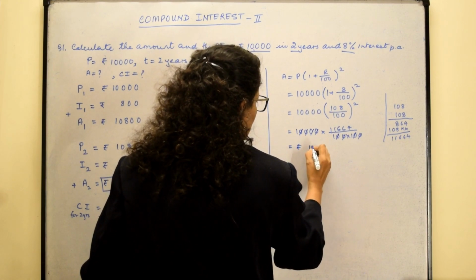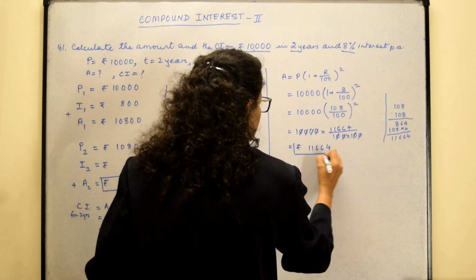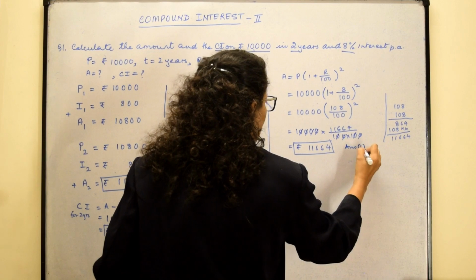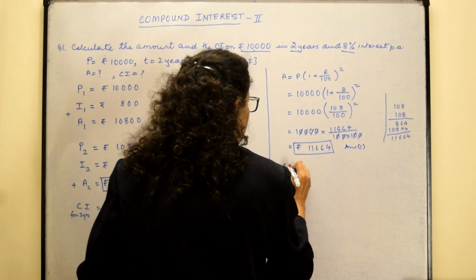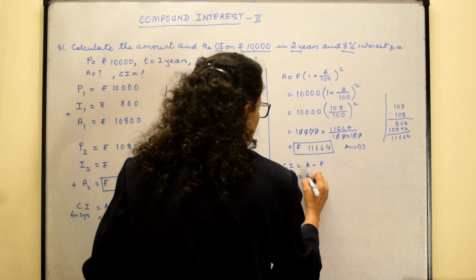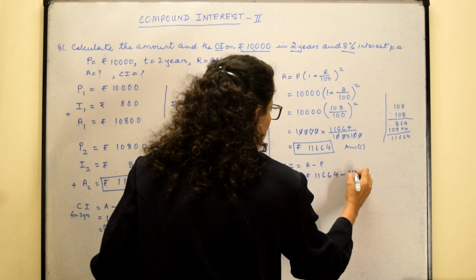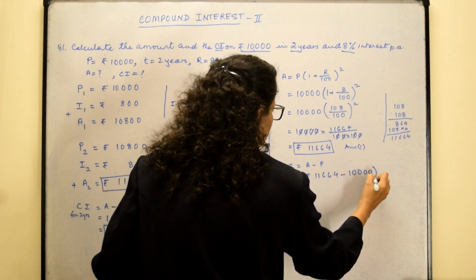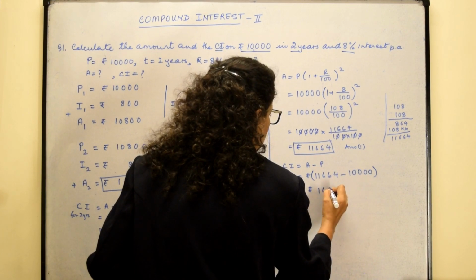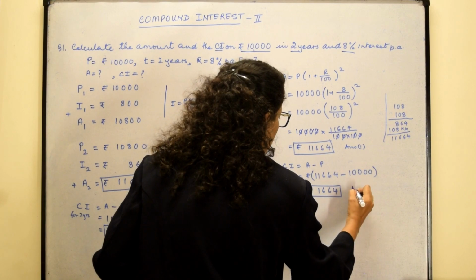So rupees 11664, and then this is your answer one because they asked us to find the amount, and CI will be A minus P, which will be rupees 11664 minus 10,000, that would give 1664, which is our answer 2.